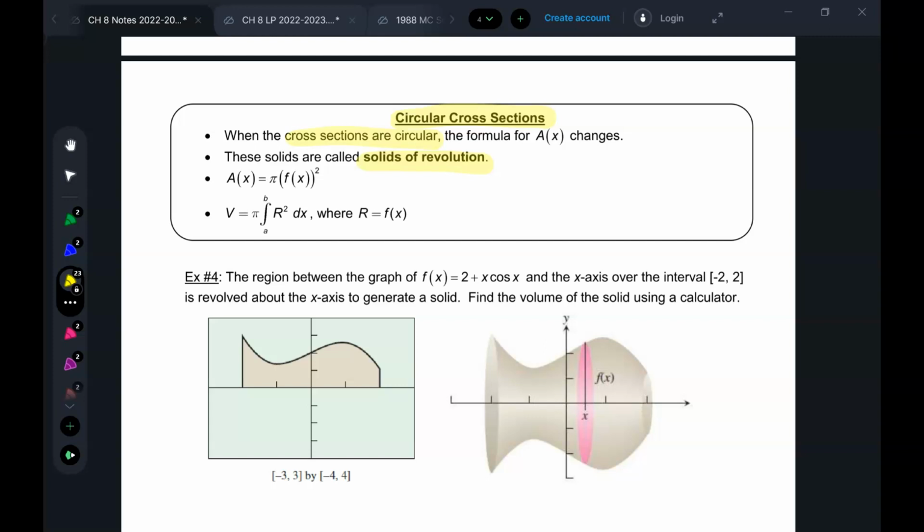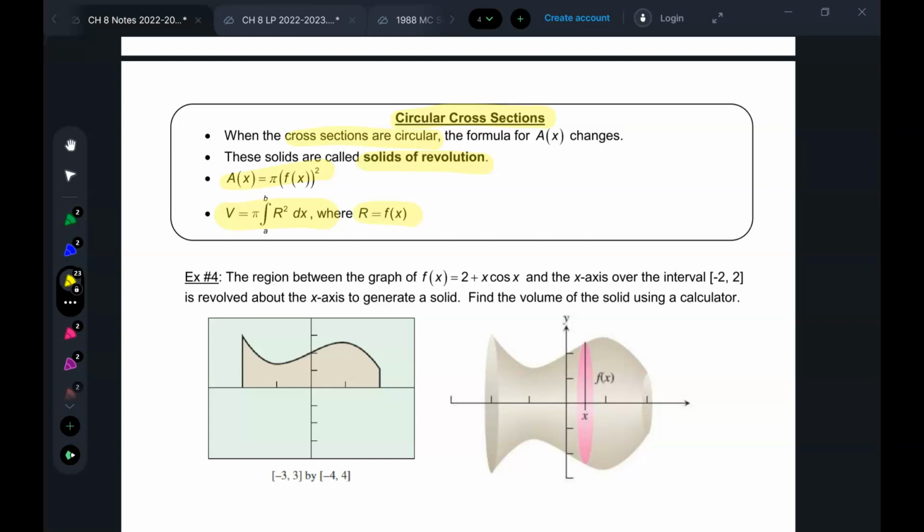Pi r squared. What is r equal to? Our function. Okay, so our area is always going to be pi times whatever our function is squared. So here's our formula for the volume. These are a bit easier because it's just whatever the function is squared, times pi.